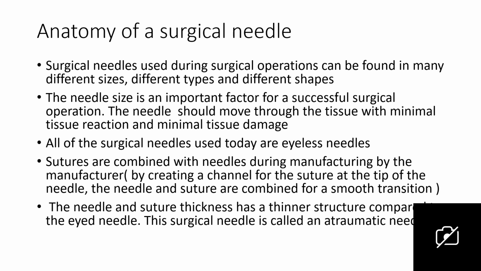The needle and the suture are combined for a smooth transition. It'll just go through easily. If you have a knot there, it acts as a hindrance for the easy transition of the needle through the tissues. The needle and suture thickness is a thinner structure compared to the eyed needle.